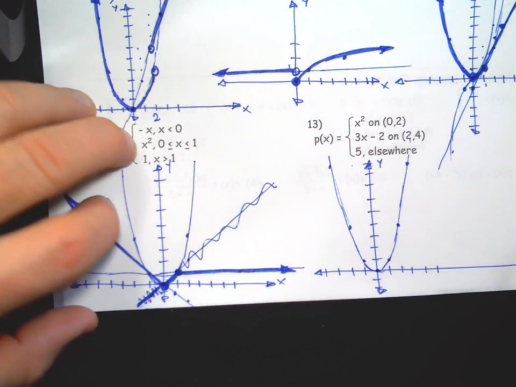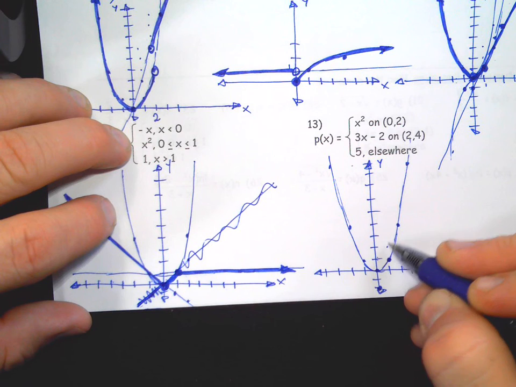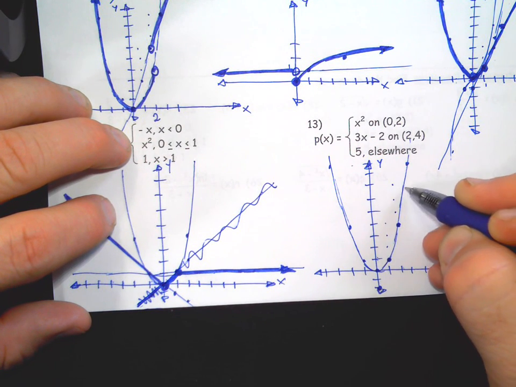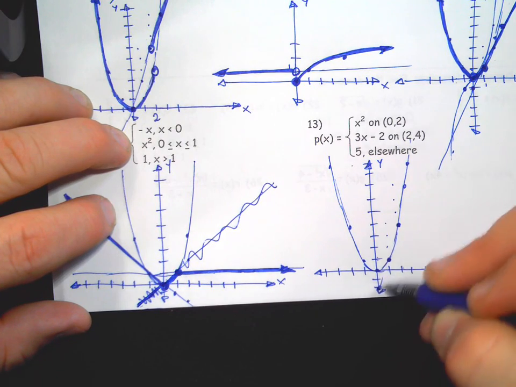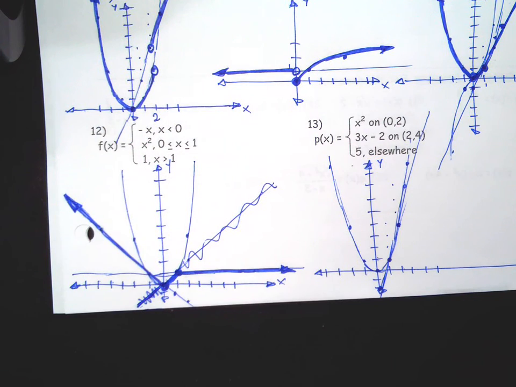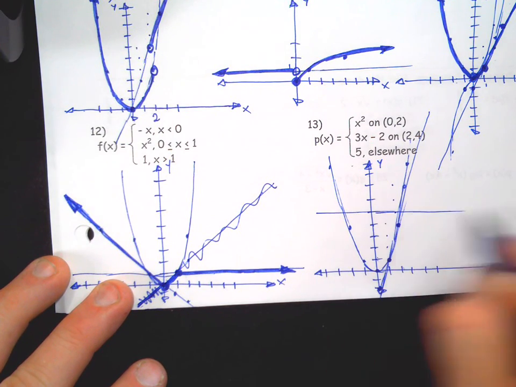Okay, and then the next one's a line, negative 2, up 3 over 1, up 3 over 1, up 3 over 1. Something like that. And then 5, flat line.